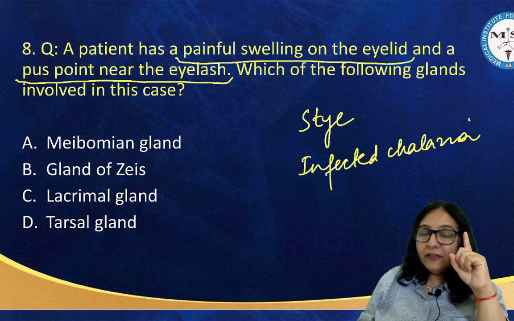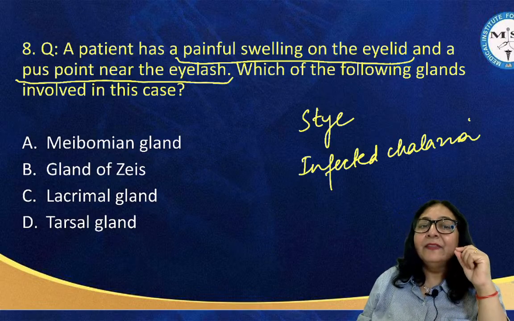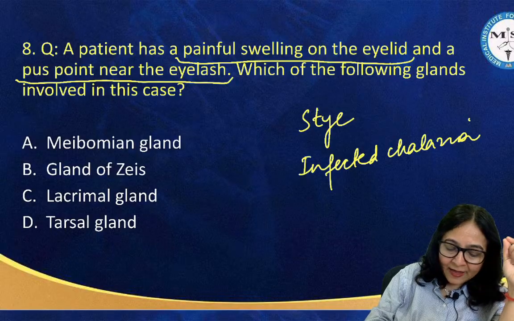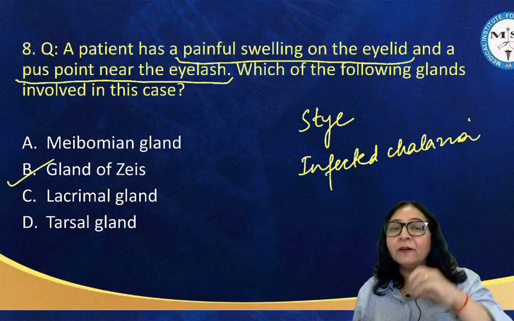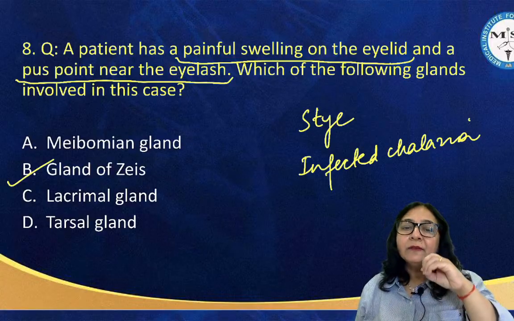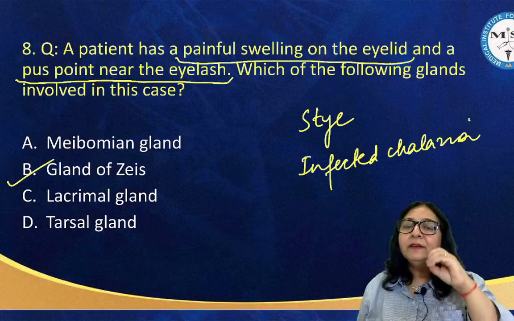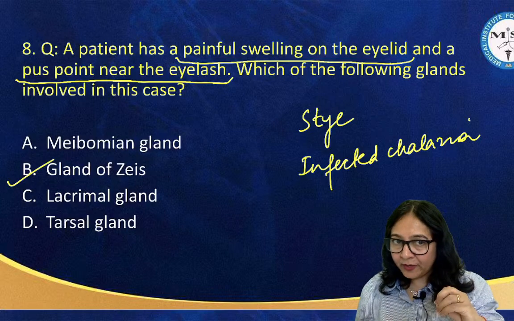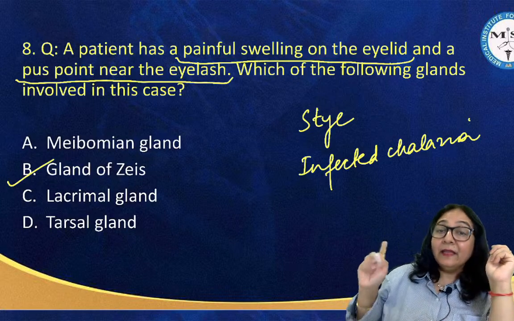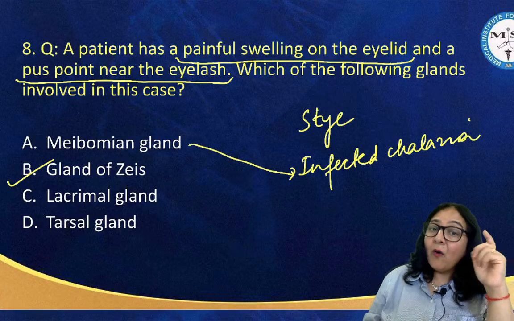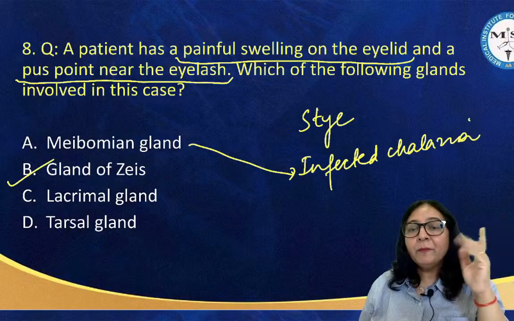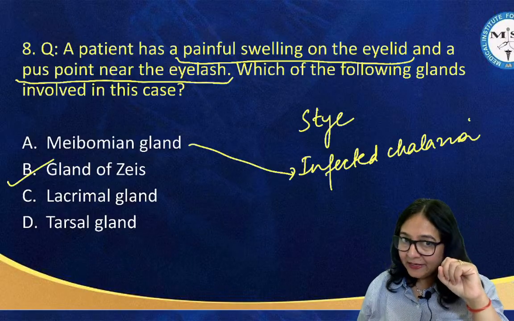Okay. If it is stye, then the gland involved will be the gland of Zeis, because that is what is present at the root of the eyelash, and it will cause a painful swelling at the lid margin close to the eyelash with a pus point. Meibomian glands, if they are infected, will cause infected chalazion or a simple chalazion, but in that case the swelling will be painless.